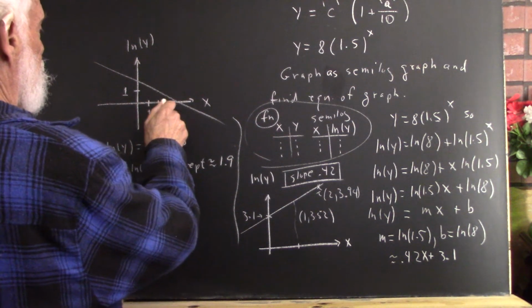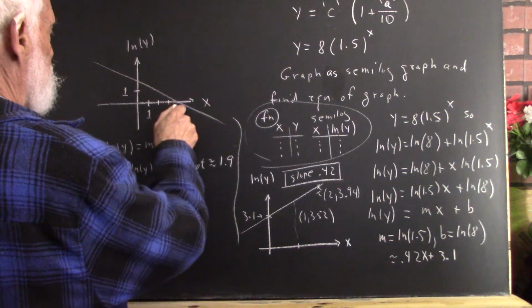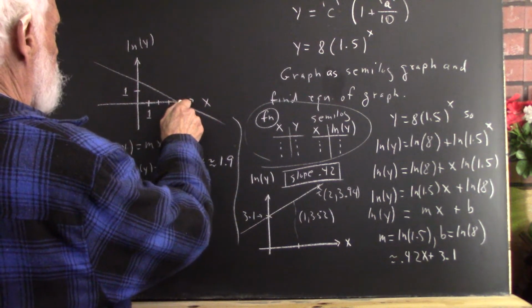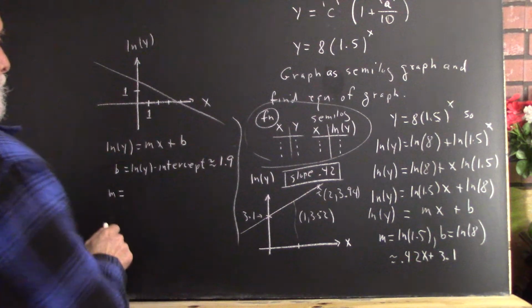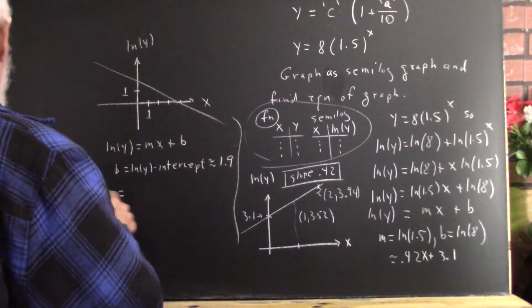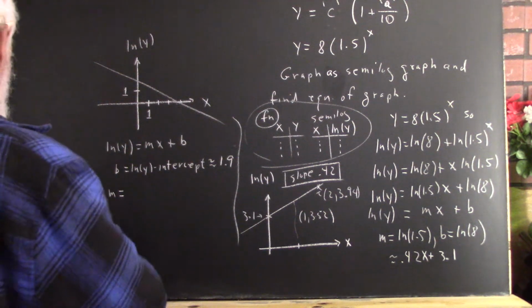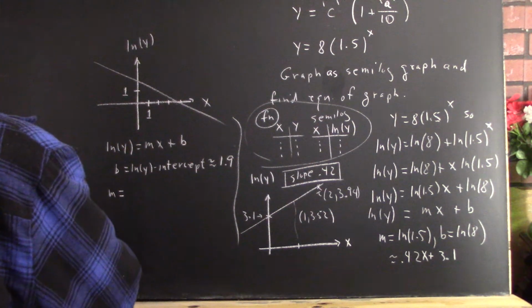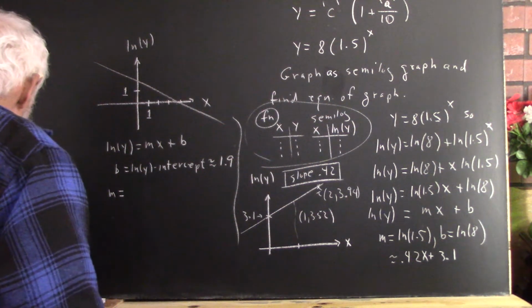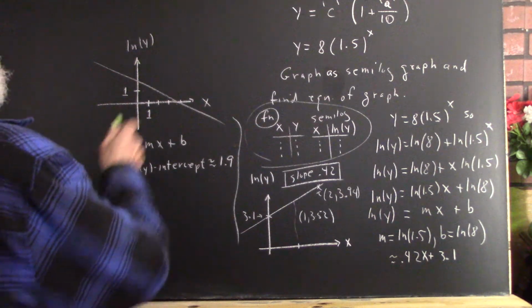x-intercept. There's 1, there's 2, there's 3, there's 4. And I like to use fundamental triangles. Looking for a better color, but I'll use this.